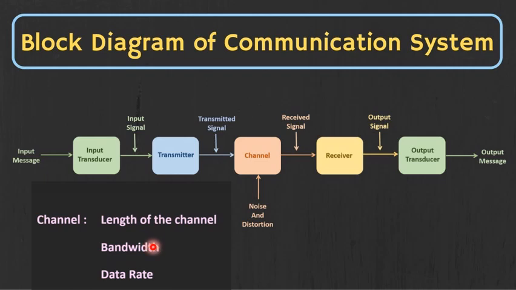For example, if a particular channel can transmit the signal in the range of 0 to 20 kilohertz, then we can say the bandwidth of the channel is 20 kilohertz. And if the signal is transmitted in digital form, then another important aspect is the data rate, that is, the maximum data rate supported by the particular channel. So these are some of the important aspects of the channel perspective.